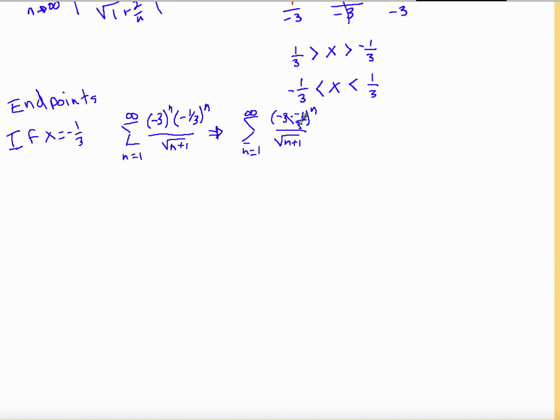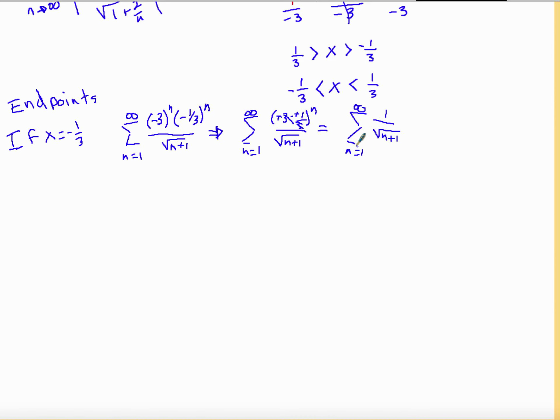Now these 3's cancel out, the 1's cancel out. This is just 1 to the n power, which is just 1. So I've got 1 divided by the square root of n plus 1.